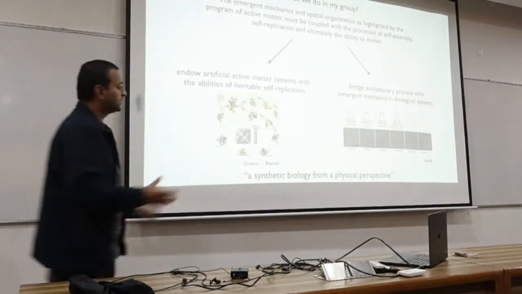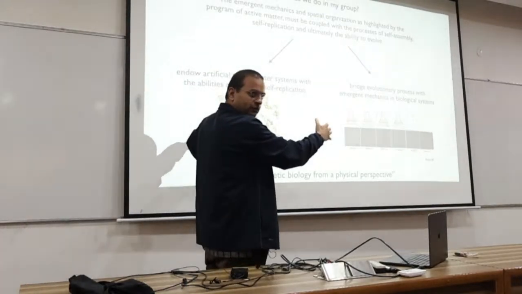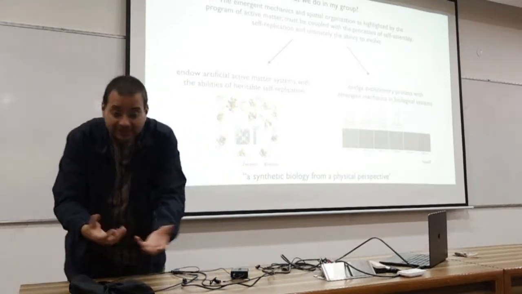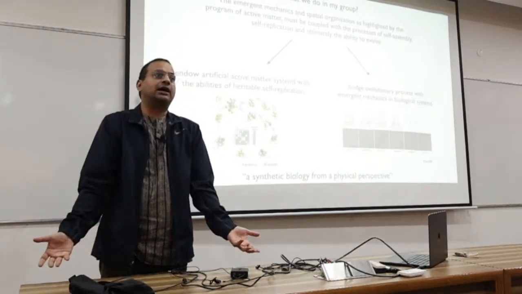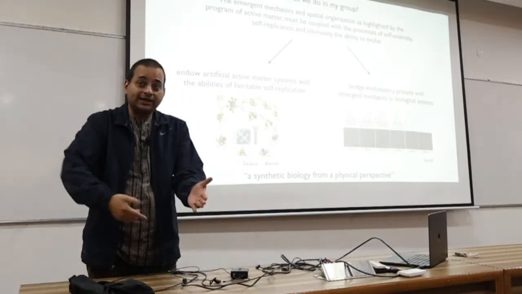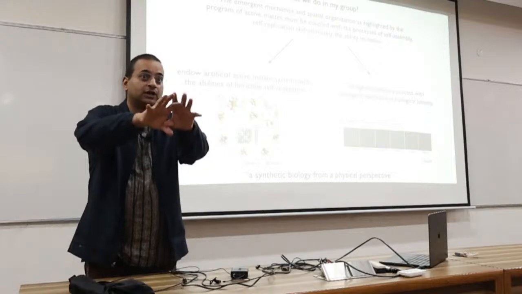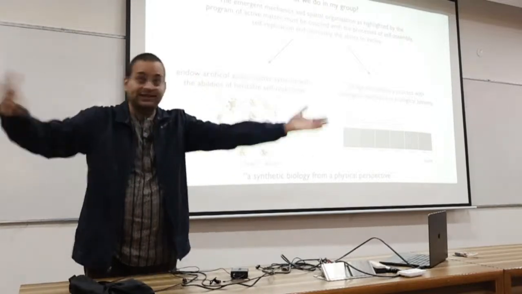Okay? We are doing this from two points of view. One is like these oil droplets: to take systems which a priori are non-living and try to get them to become more and more lifelike: move, grow, divide, etc.